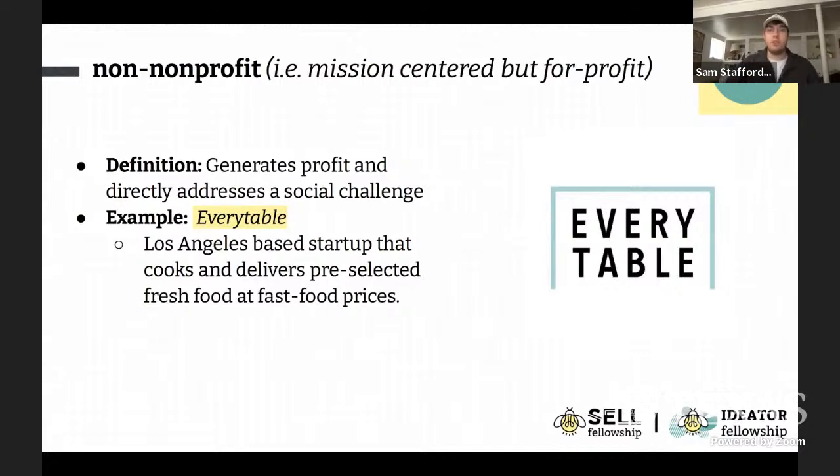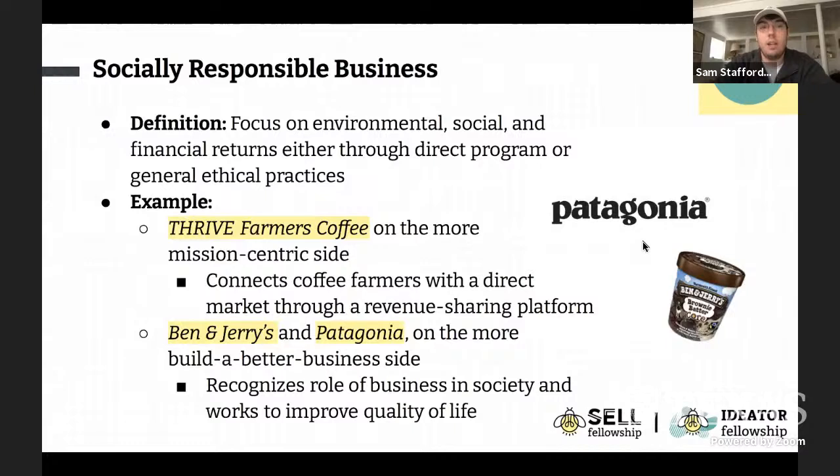It's a Los Angeles-based startup that cooks and delivers pre-selected fresh food. It gives people access to this food when they need it. And it also makes it so that they don't have to pay a lot for good food, which is really important.